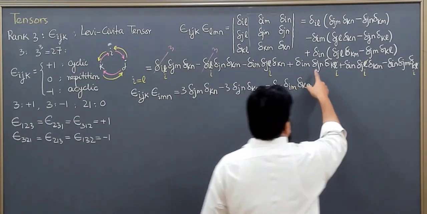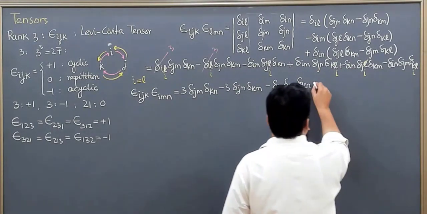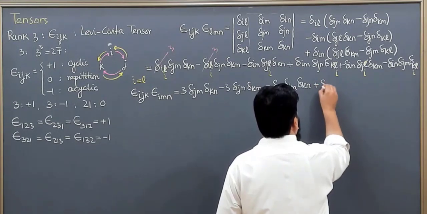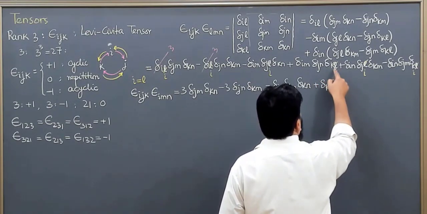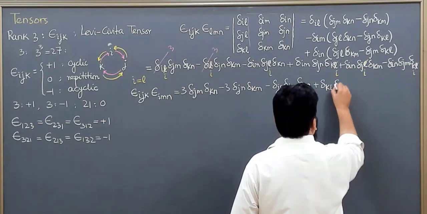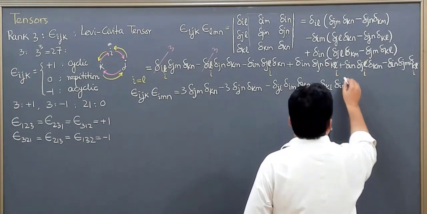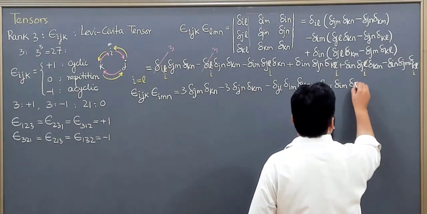This one is KI, so I am writing this one earlier, delta KI and then delta IM and delta JN.